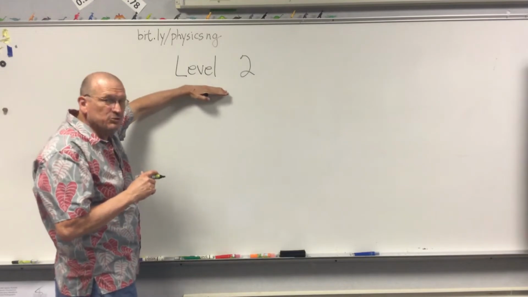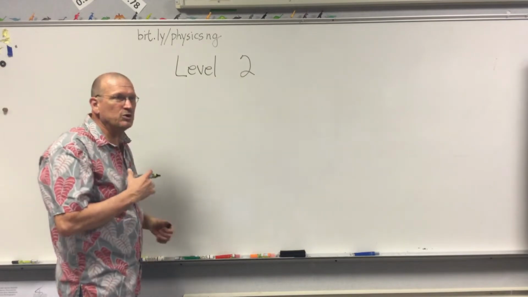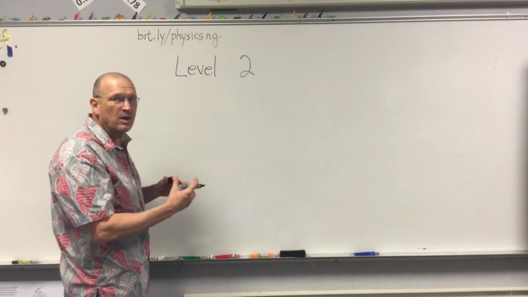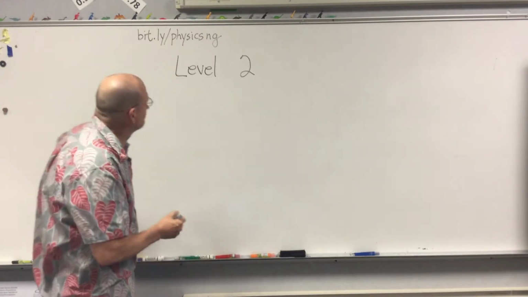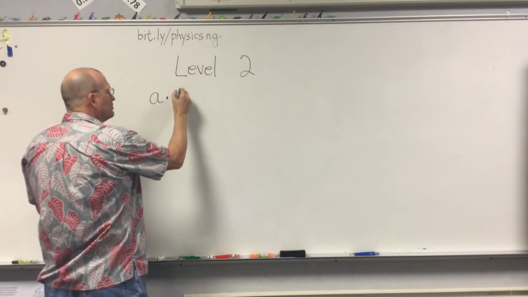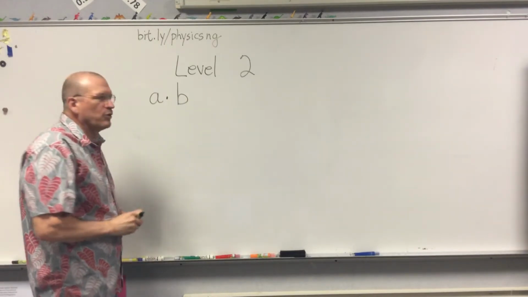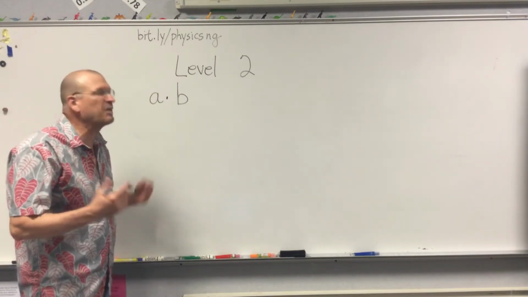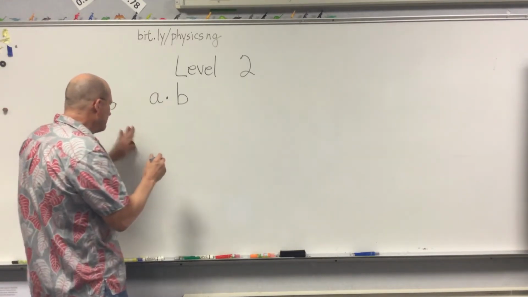The one thing about level 2 units, and it goes perfectly with the fact that we use a number 2 here, is that a level 2 unit structure is actually 2 separate units that somehow have been combined through the mathematics of multiplication or division. So one basic structure of a level 2 unit would be some unit A times some unit B. Now, I think most people are not familiar with this, but if you're into mechanical stuff, you may have heard of it before.